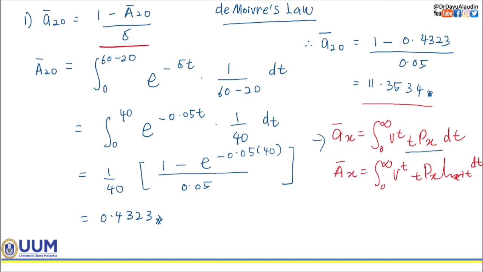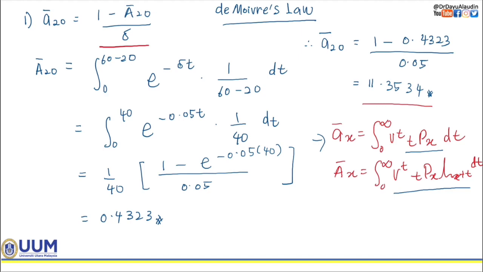Usually to integrate v^t tpx, we have to use integration by parts. For the life insurance case, we can just cancel out because we have the mu x plus t component.